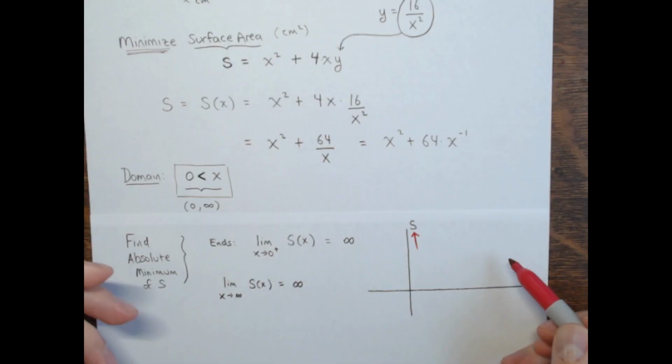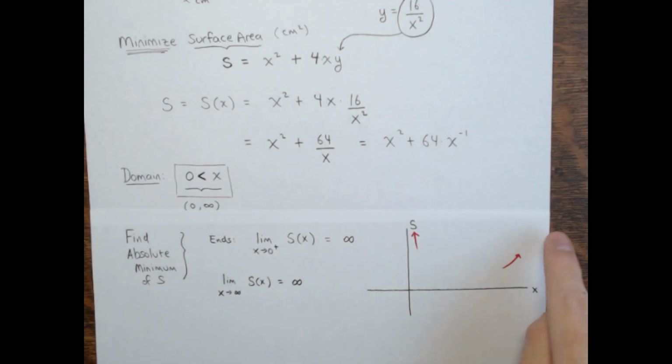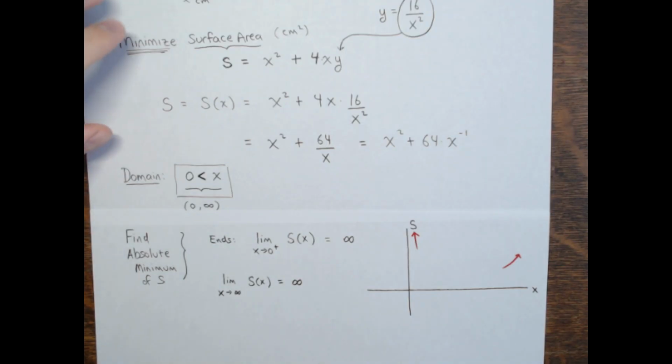When you look at a graph later, as I make x bigger and bigger, it's also going to go up forever. So it's going up forever to the right of 0 and going up forever as you take the limit at infinity. So definitely not seeing the absolute minimum from these. These are positive infinity on the ends.